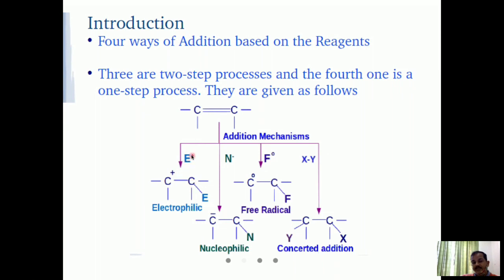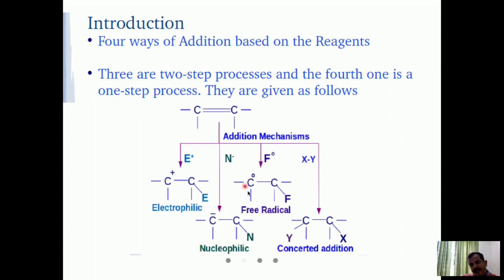The double bond will shift towards that carbon where the electrophile goes, and the other carbon will be positively charged. In the same way, the nucleophile will attack either of the carbons based on the nucleophilicity of the carbon. And the same way for the free radical also.